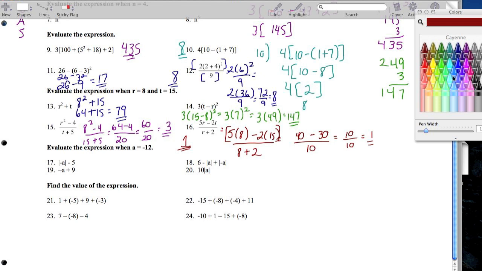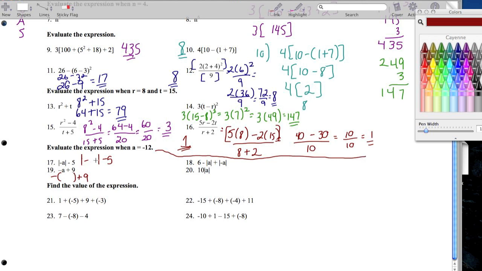All right, 17. We have some absolute values going on here. So I like rewriting the whole thing with the exception of what the variable would be. So I'm going to actually go through and do that for all of these. I'm going to leave a space where the variable would be. If there's absolute value, I'm going to leave it as an absolute value. If there is nothing, just a variable, as we saw in number 19, which I just did, I'm going to put parentheses there.